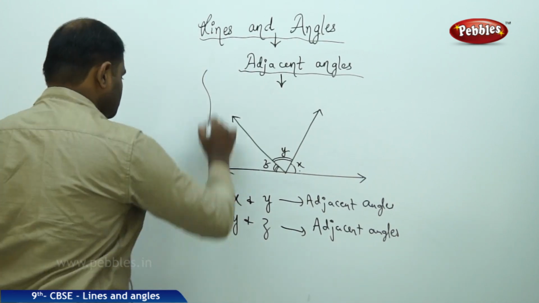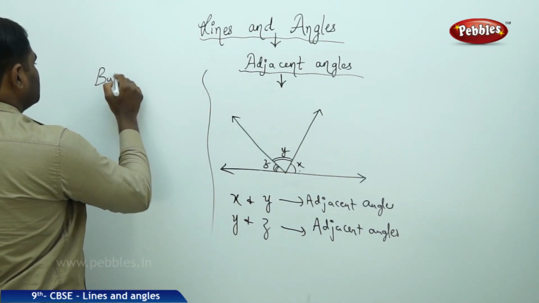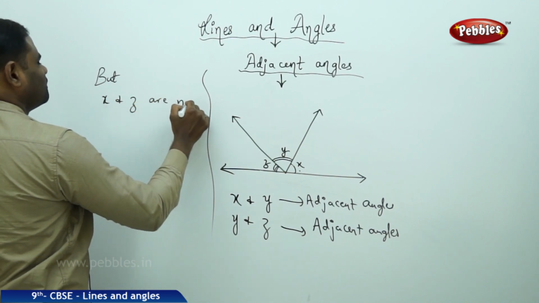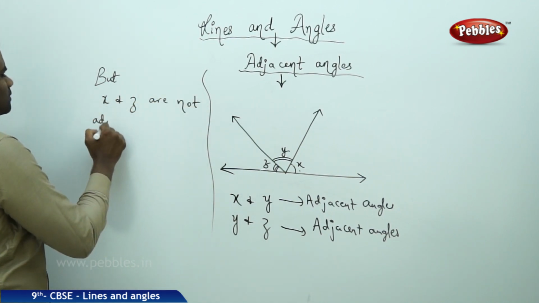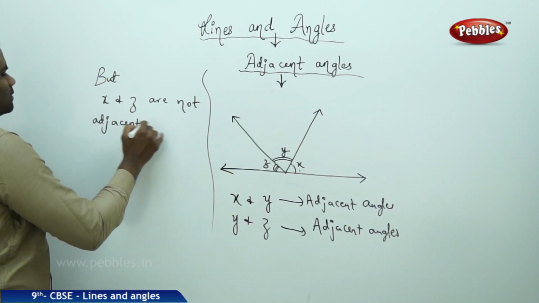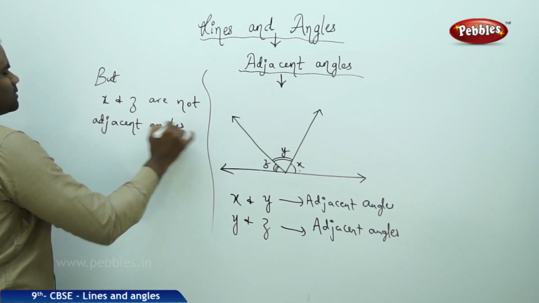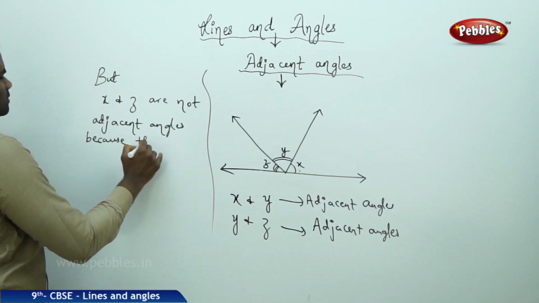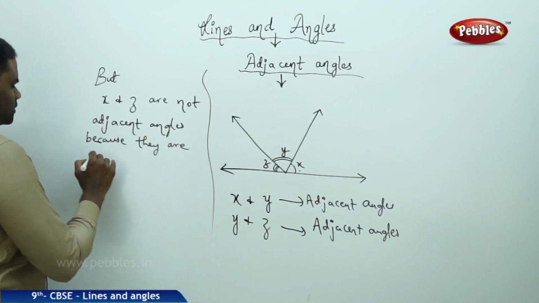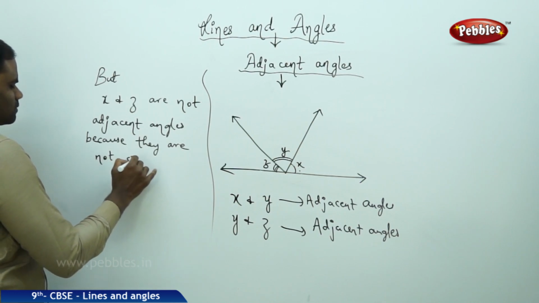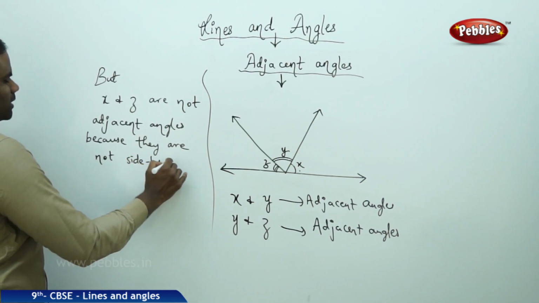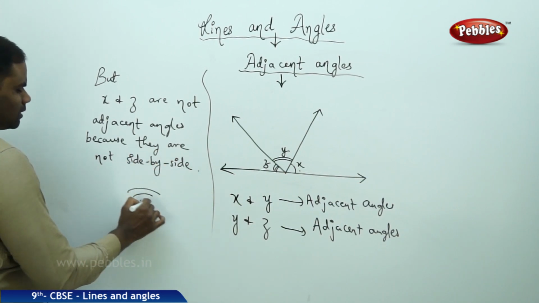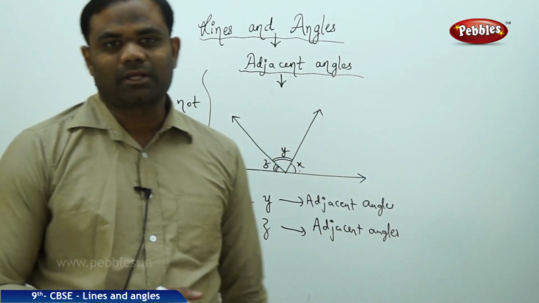But X and Z are not adjacent angles because they are not side by side, is the rule I identify in adjacent angles.